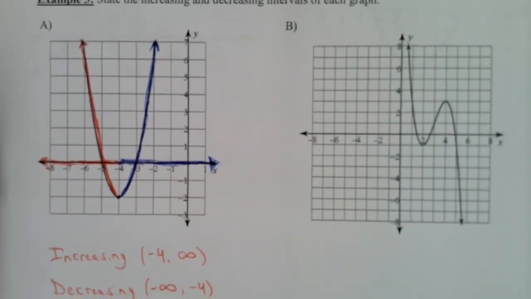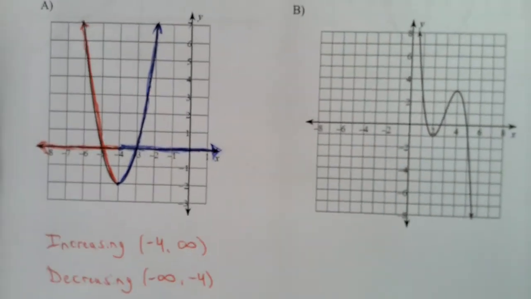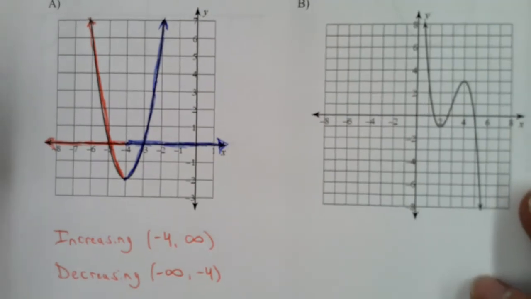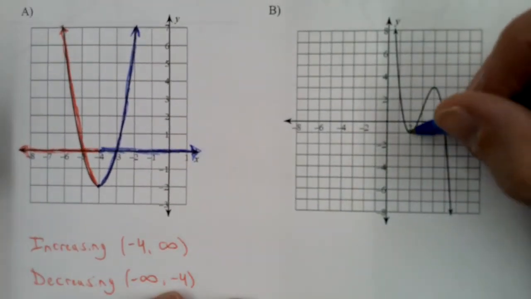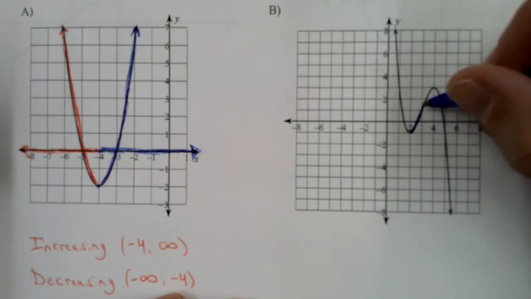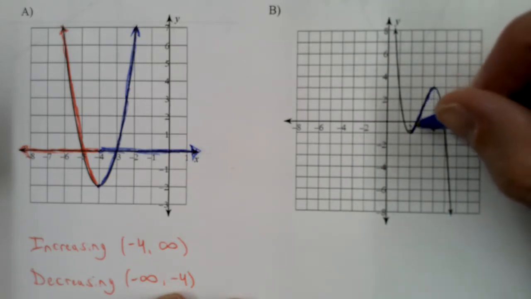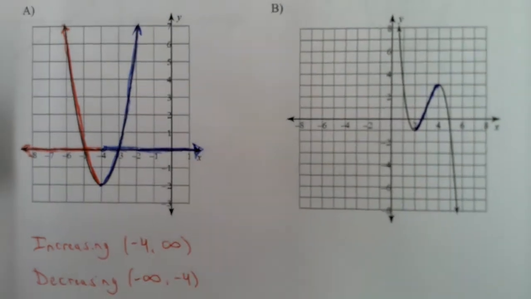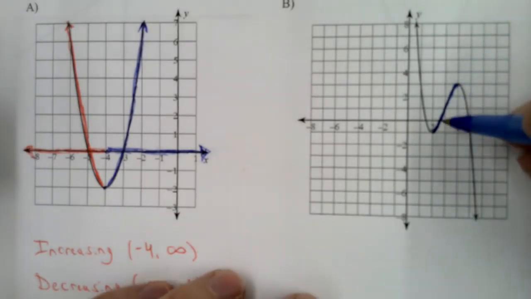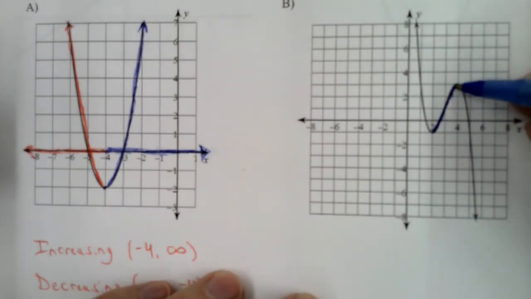Let's try another one. Example 3b. Where is the increasing and decreasing intervals? So let's start with increasing. Where is the increasing interval on this graph? Let me color it in blue. That's where it's increasing in blue right there. What are the x values? I don't know if you can see the blue that well, but this is the blue.